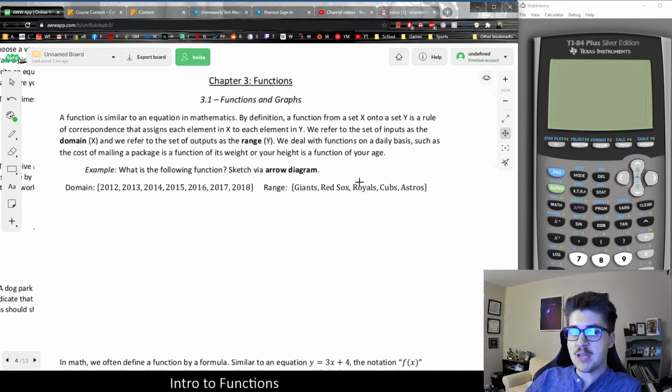If you're not a sports person, maybe you don't really know this correspondence, but the question I would typically ask if we were in a live class is, does anyone know what this function is, or what is this correspondence? You might guess maybe it's the correspondence between who won the World Series in what particular year. So we could design a function which would take the input, the year, and give us an output, who won the World Series.